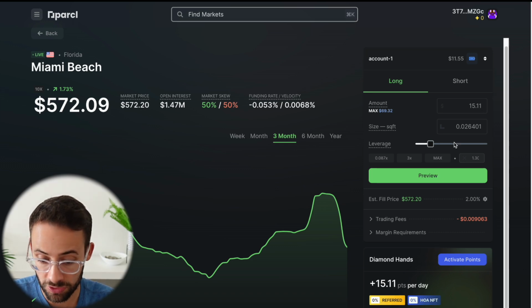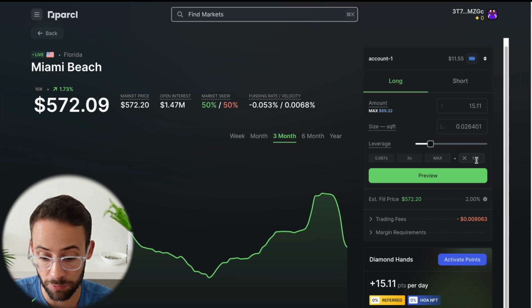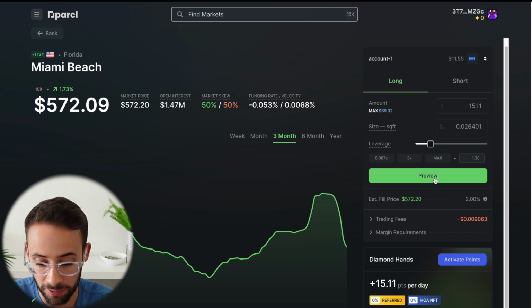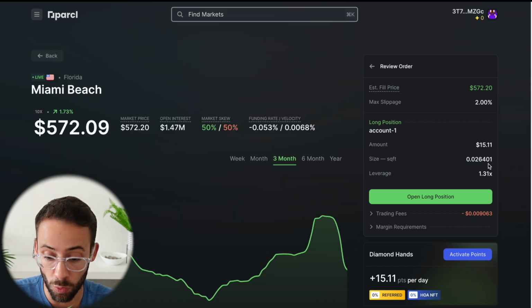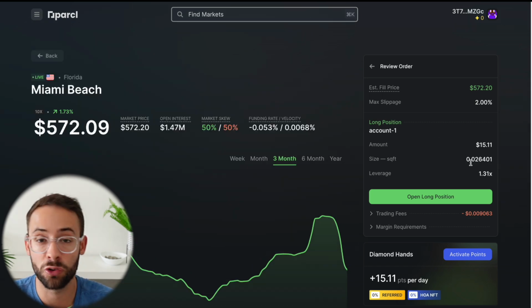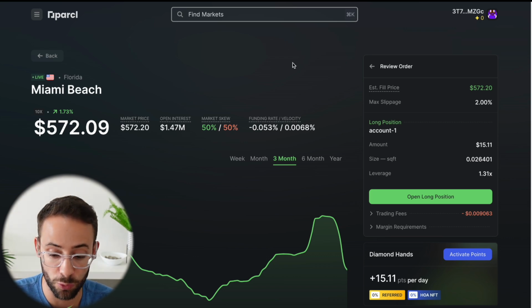Now, once you choose the trade that you want to place, so let's say I wanted to go long Miami Beach real estate at 1.3x leverage, so a small amount of leverage, you would hit preview, and this is the details of the position. It denominates your position in terms of the square footage, because what we're trading basically is a price per square foot.